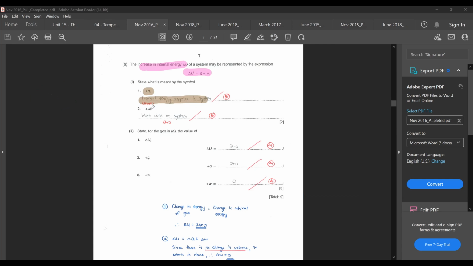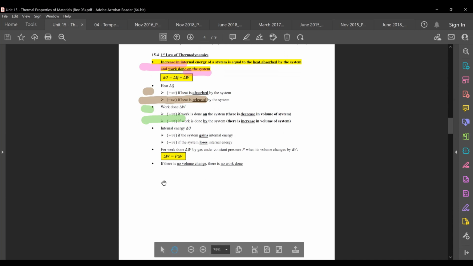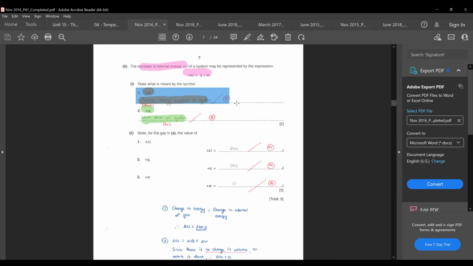If you have positive W, it's work done on the system, following the first law of thermodynamics. The positive and negative each have a specific meaning. So positive Q is thermal energy supplied to the system, and positive W is work done on the system.